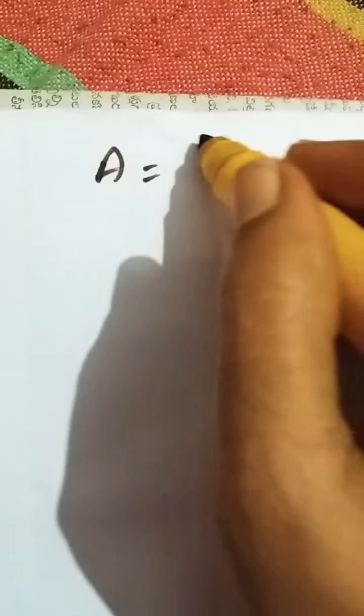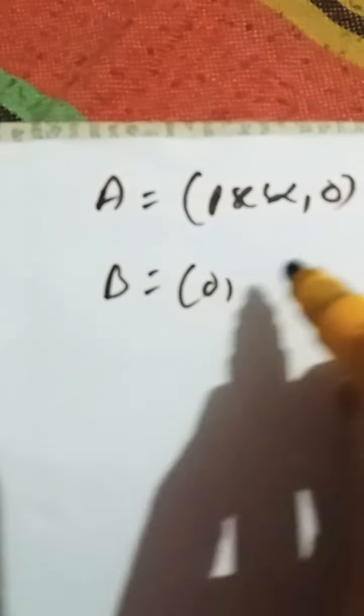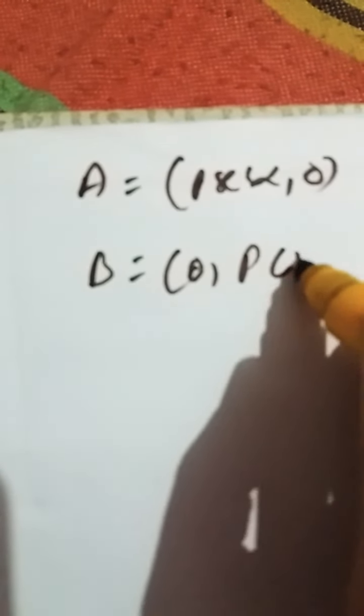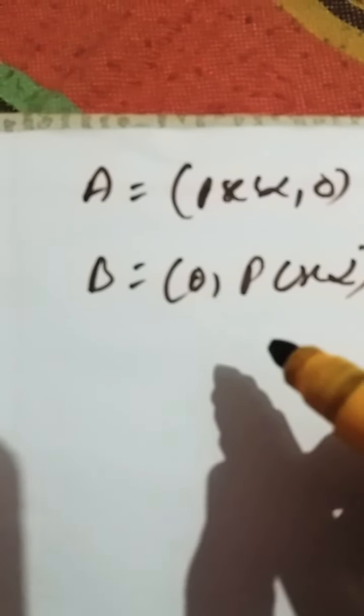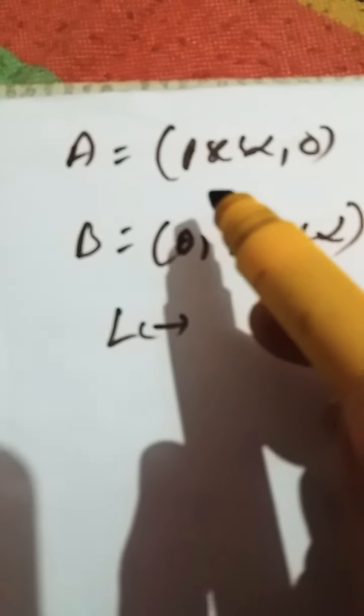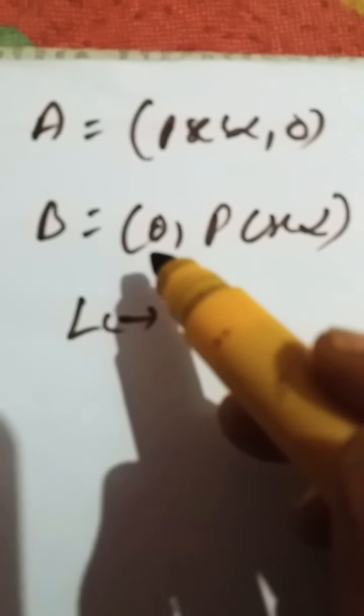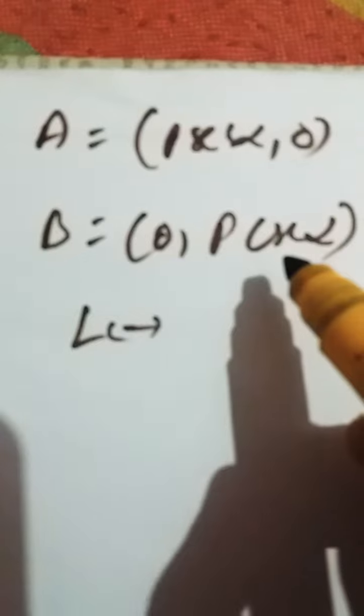Now we will get A point as P secant alpha comma 0, B point as 0 comma P cosecant alpha. So what is the meaning of this? Our line L meets x-axis at P secant alpha comma 0 and y-axis at B, 0 comma P cosecant alpha.